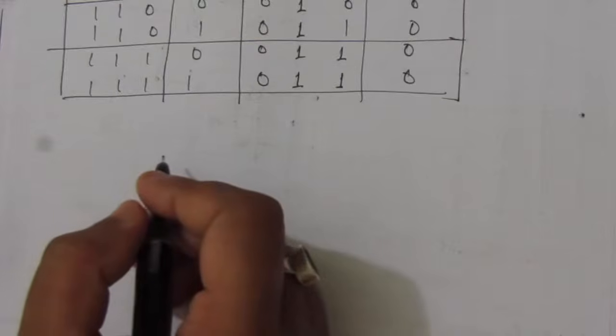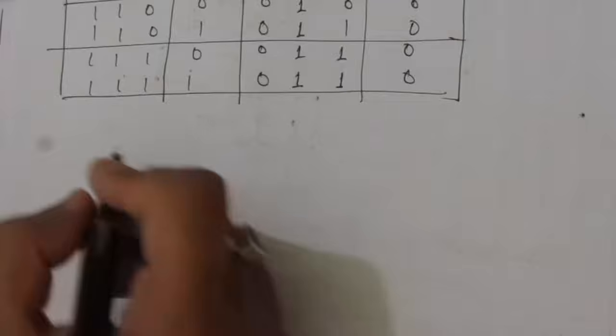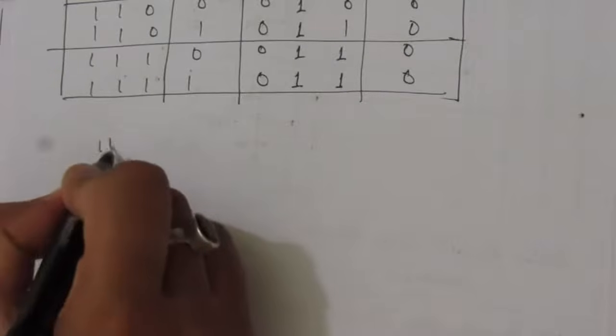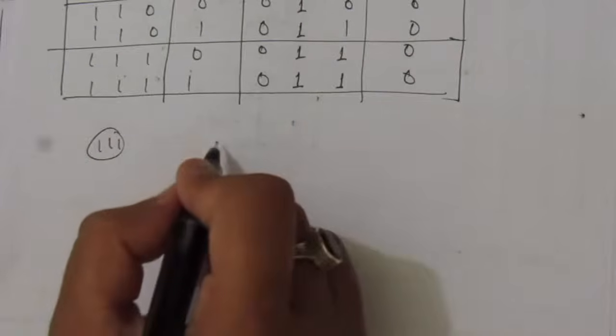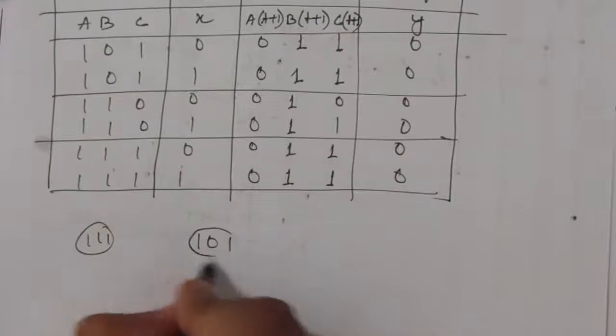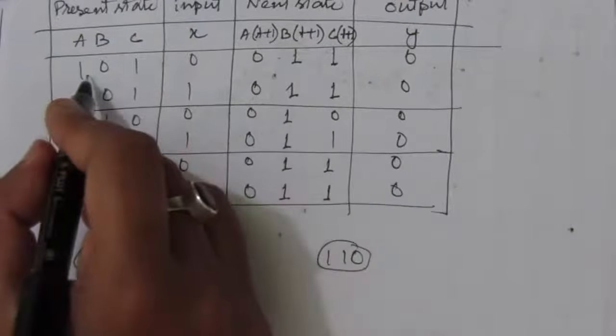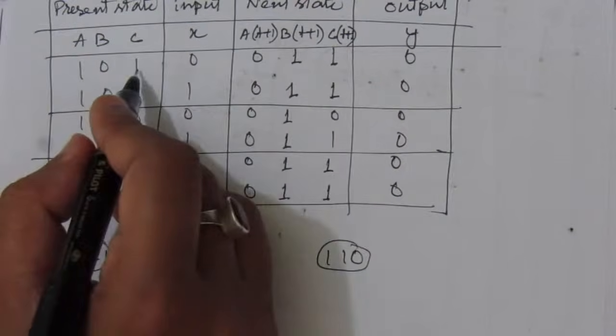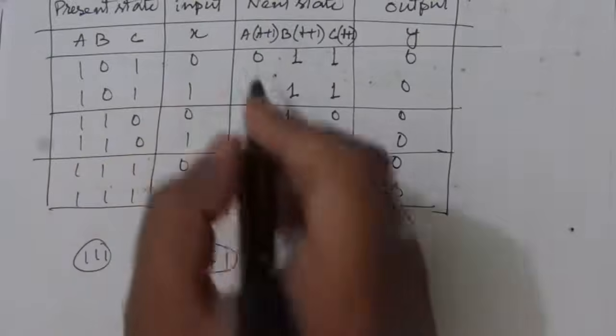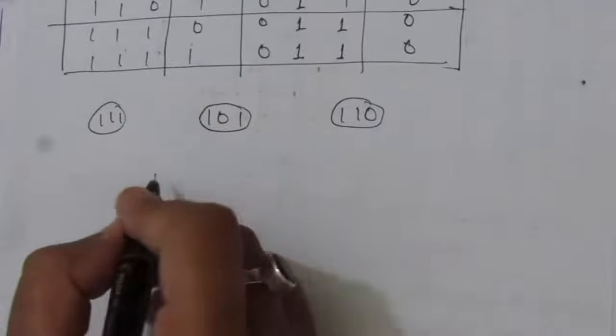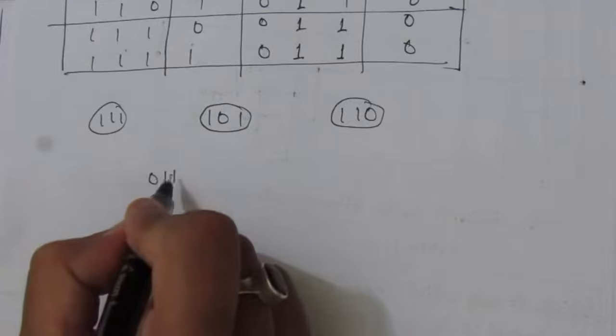Now if we draw the state diagram, suppose we have these states: 1 1 1 is one state. Suppose 1 0 1 is the second state, and suppose this is the remaining state, 1 1 0. Whenever the present state is 1 0 1 and the input is 0, it goes to 0 1 1. So let me draw here 0 1 1.